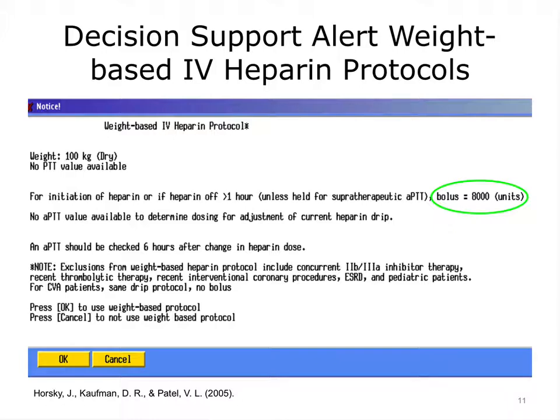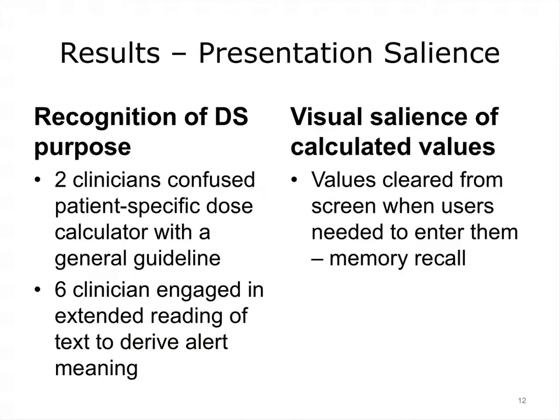But the key information is embedded in an extended text and not readily visible amidst the busy message. Not surprisingly, the clinicians experienced difficulty drawing the correct inference from the alert. This resulted in considerable confusion and extended periods of time to process the alert.